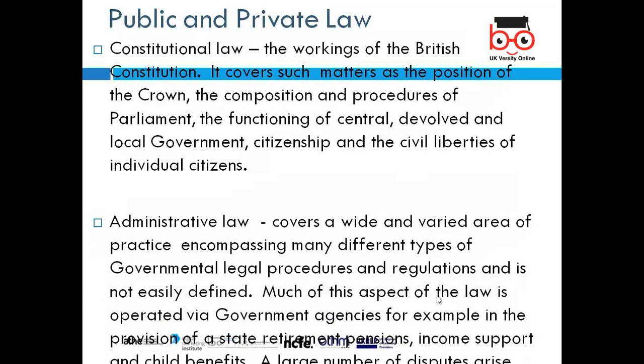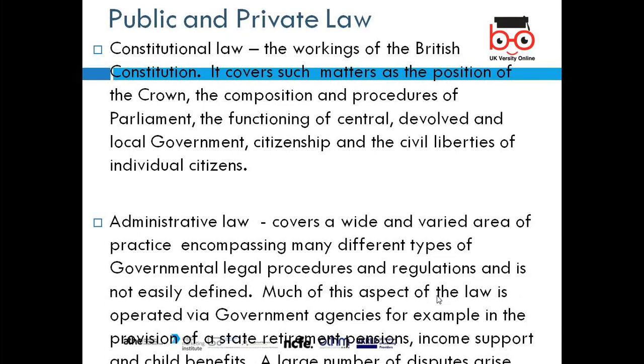Okay. So public and private law, constitutional law, the working of the British Constitution. It covers such matters as the position of the Crown, the composition and procedures of Parliament, the functions of central, devolved and local government, citizenship, civil liberties, and the individual citizen.